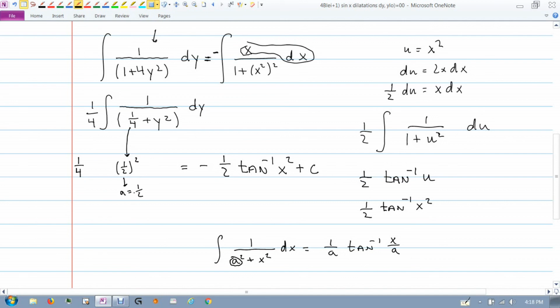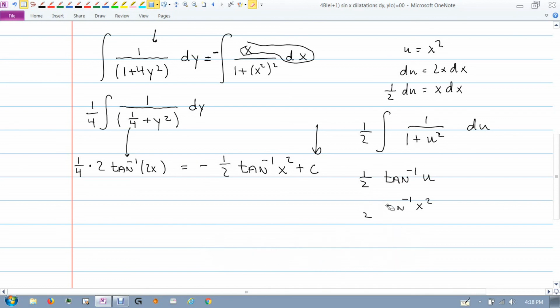So that's what's going to go into this formula right here and right there. And 1 over 1/2 is really 2. So I'm going to have here 2 arctangent. And then when I put the 1/2 right in there, x over 1/2 gives me 2x. And I already have my constant on the other side, so I'm good to go.